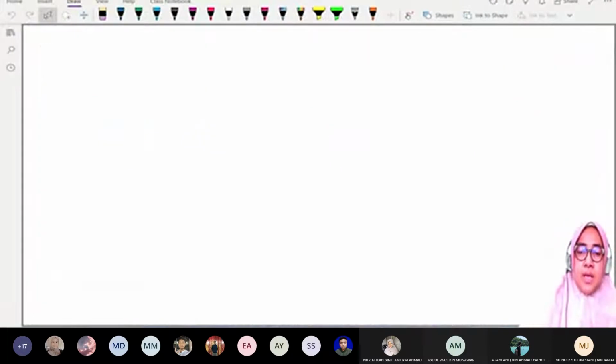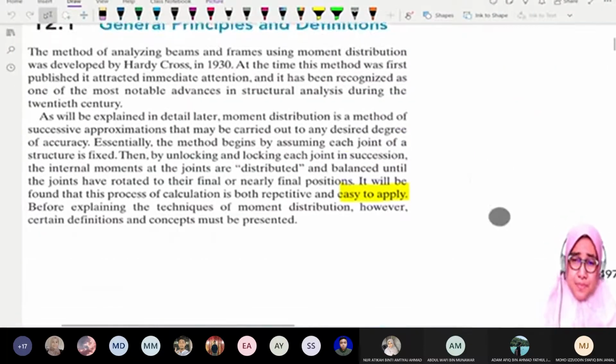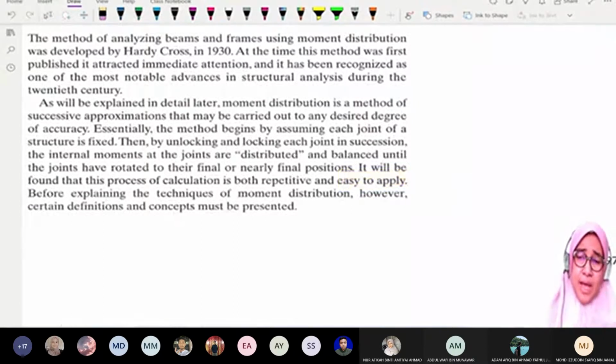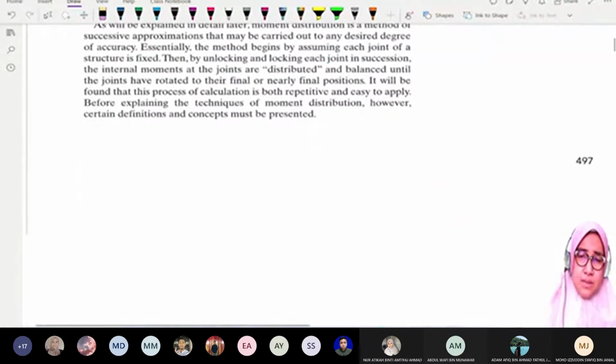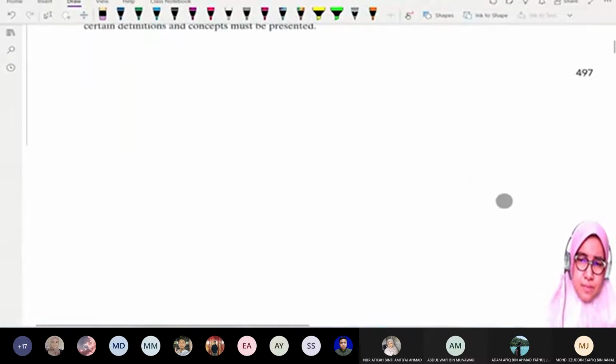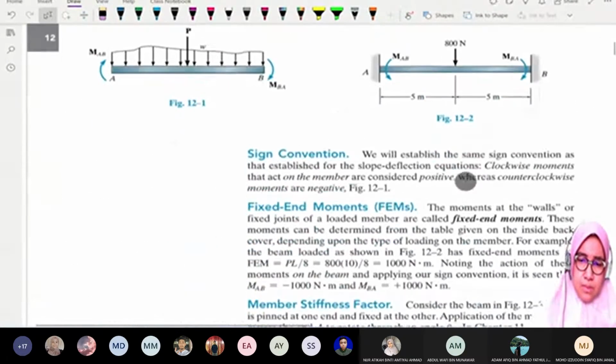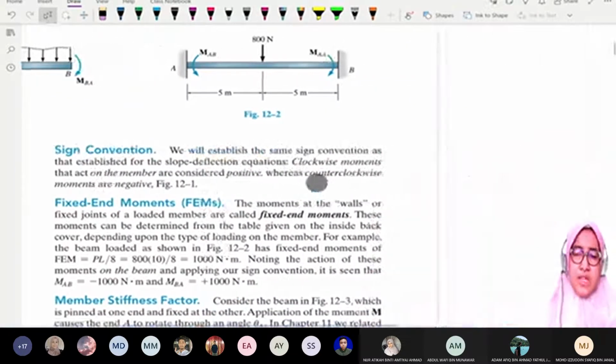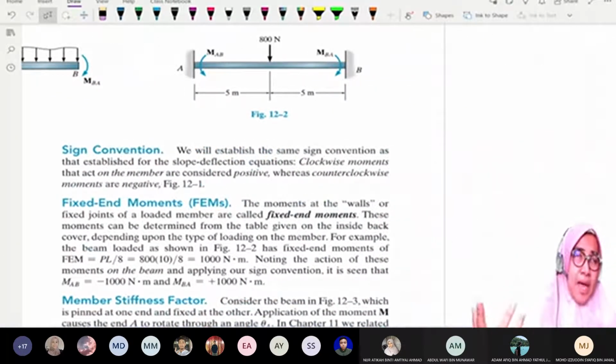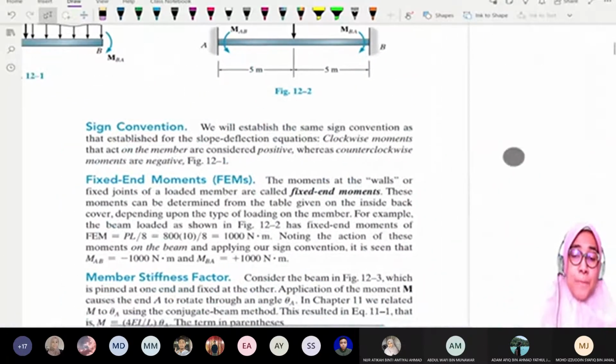There are certain things that you need to understand, especially these things. This is revision only. You actually learned this in diploma, and I believe you learned how to analyze beams. Maybe frames not yet.